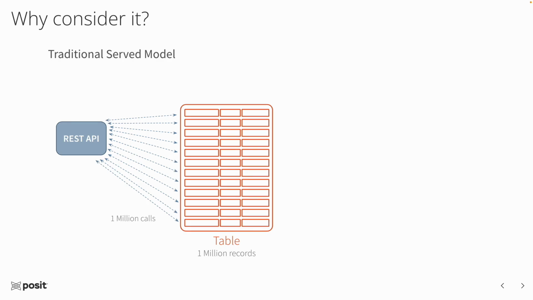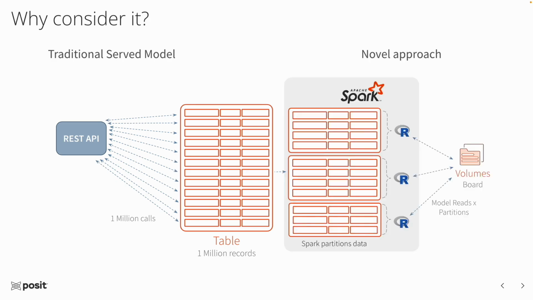That, of course, is totally acceptable today. We do that all day long. But what I'm proposing is that we do this a little bit differently. The idea is that Spark can read the data, and by default, Spark partitions the data into smaller sections.